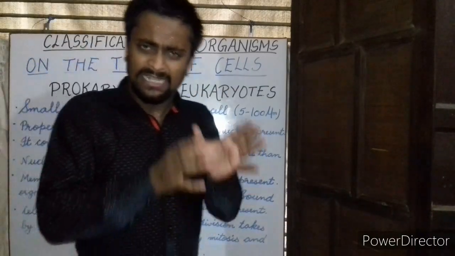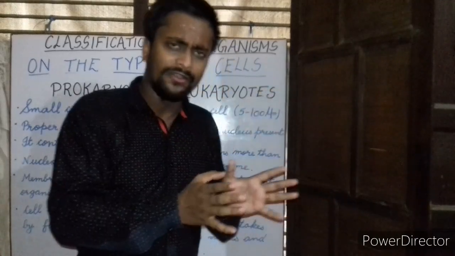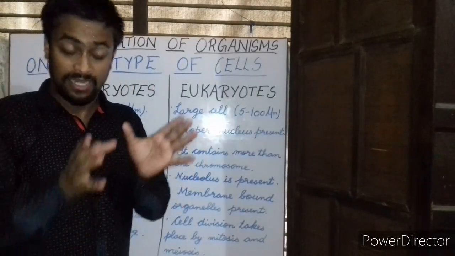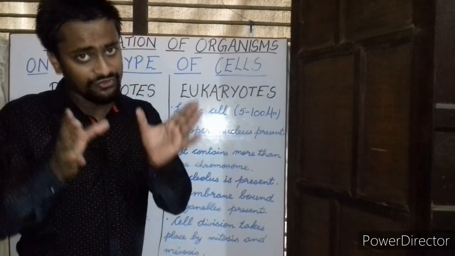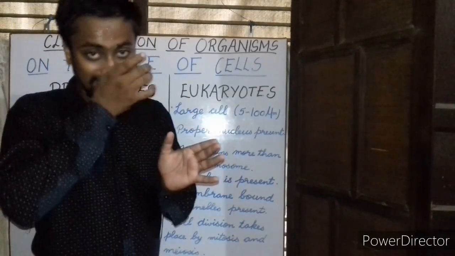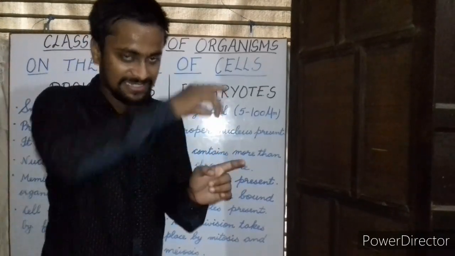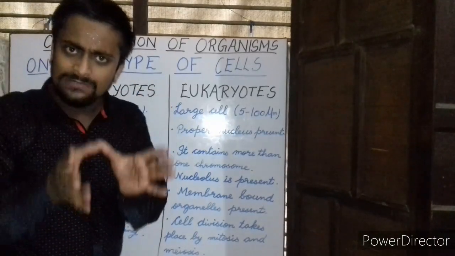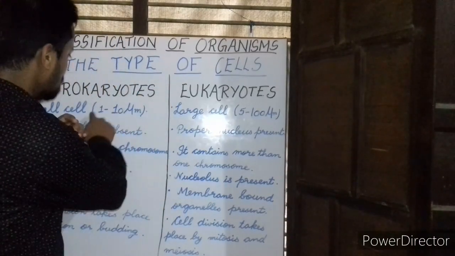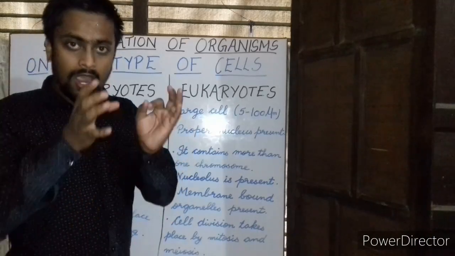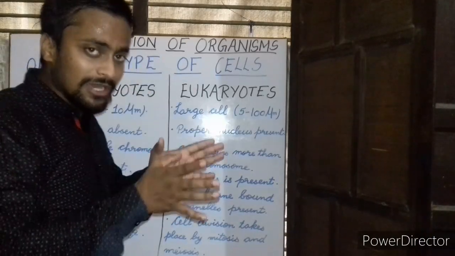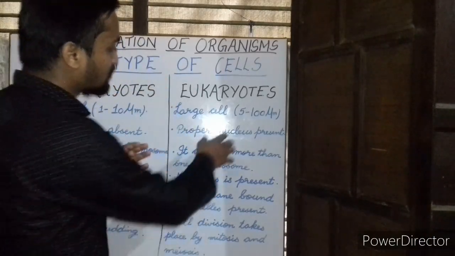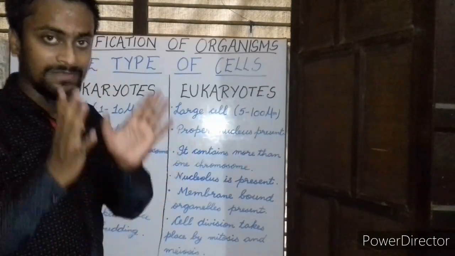Now we will see the different characteristics of prokaryotic as well as eukaryotic cells, and how they differ from each other. First, the size of a prokaryotic cell is usually small. It ranges from 1 to 10 μm, while the size of a eukaryotic cell is usually large, which is 5 to 100 μm.